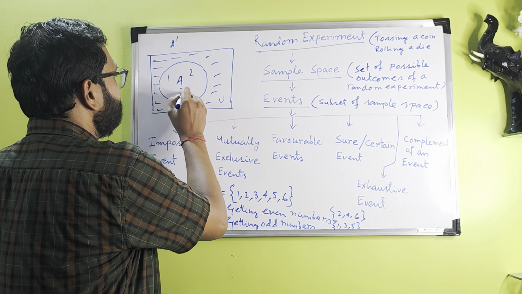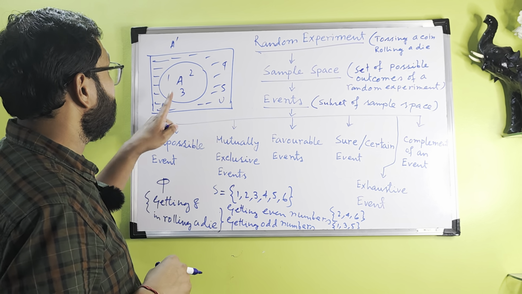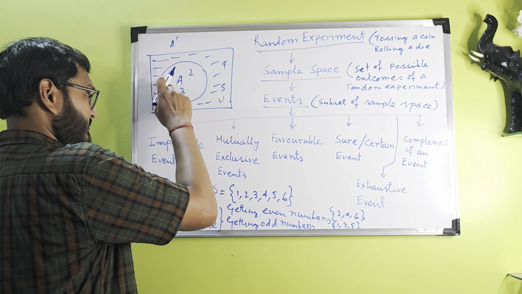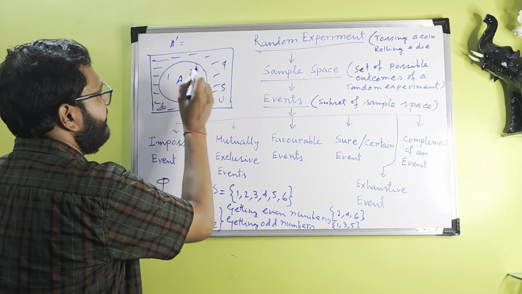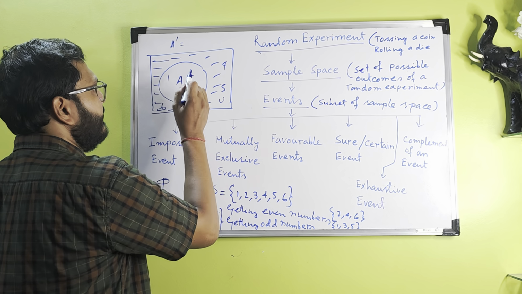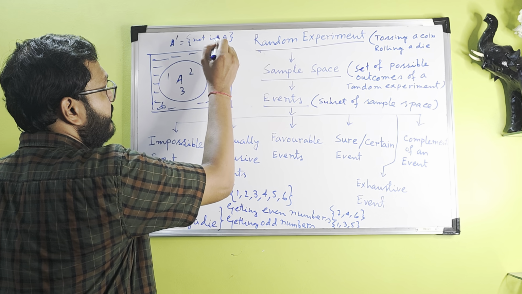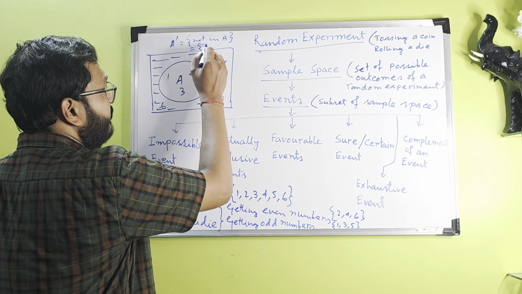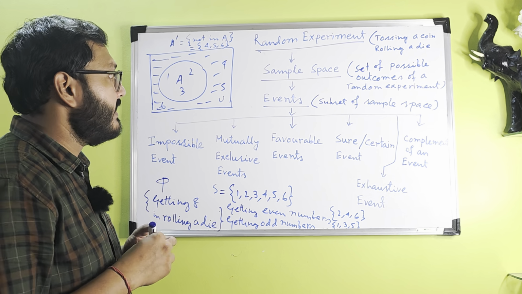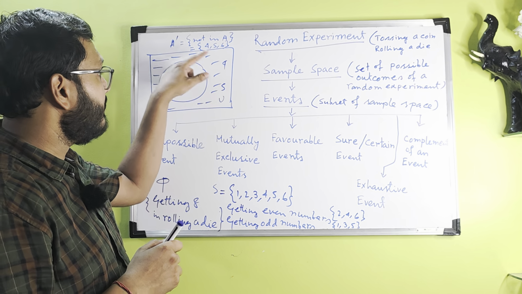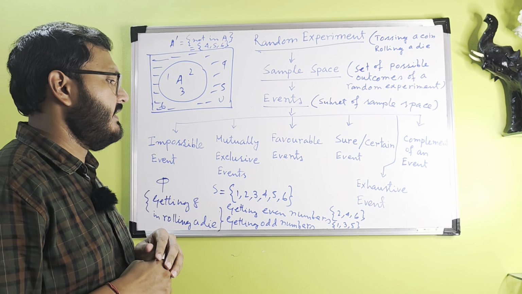Let 1, 2, 3, 4, 5, 6 be the elements. Set A is 1, 2, 3. What is A dash? Those which are not in A, that means 4, 5, and 6. I hope it's clear. They form the complement of the set A.